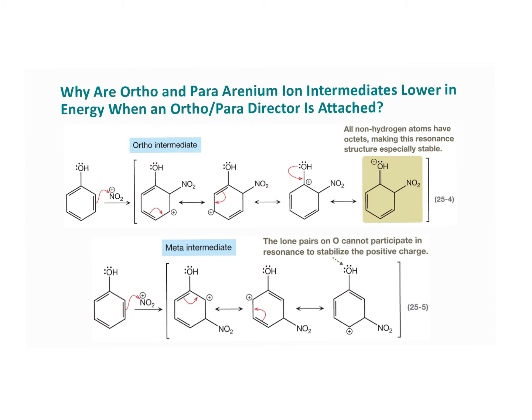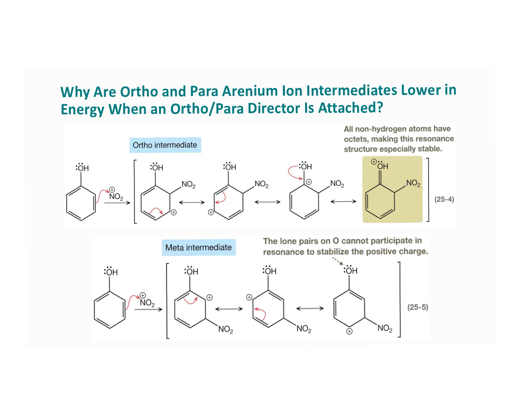Then, the additional resonance structure for the ortho intermediate, which is highlighted right here, is due to the involvement of the lone pair of electrons on the OH. So look, the lone pair comes down here, that's where we get our 4th structure.